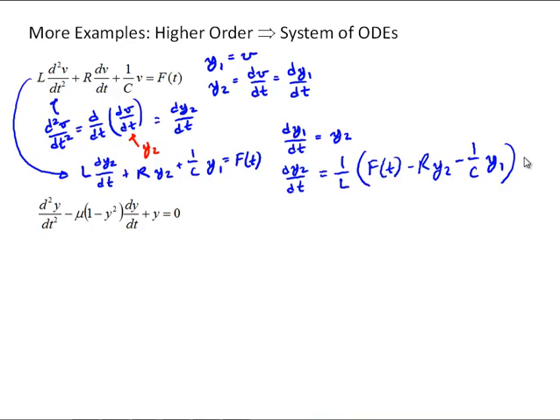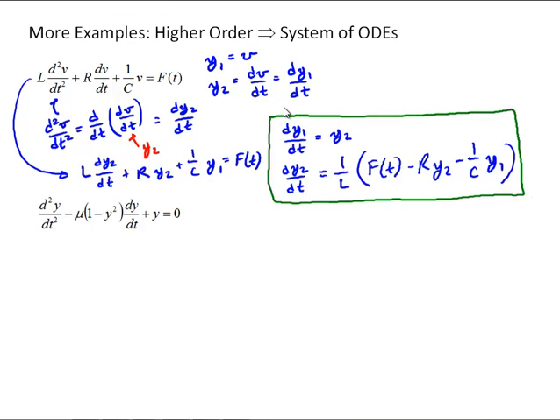So let's look at a second example. So here, this would be the result that we could then write as a two-element column vector function in MATLAB to solve this numerically.